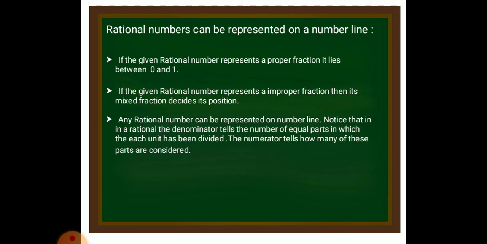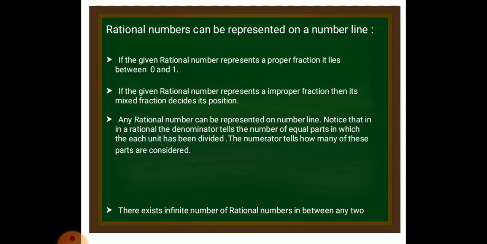Every unit is to be divided and the numerator decides how many parts are to be considered. Suppose the denominator is 3, every unit is divided into 3 parts, and suppose the numerator is 4, so the fourth part will be 4 by 3.